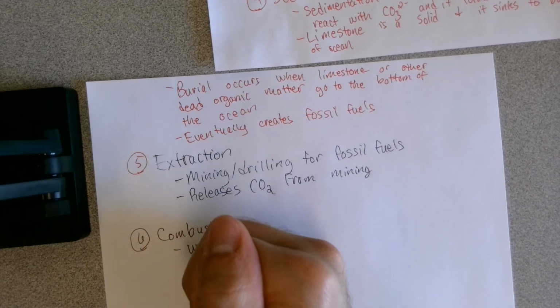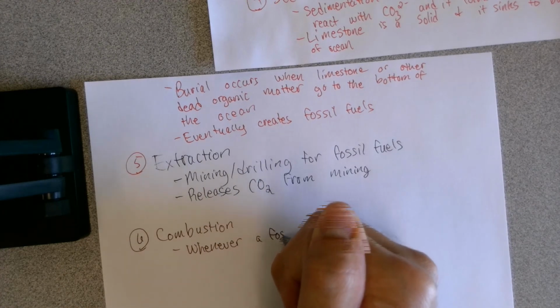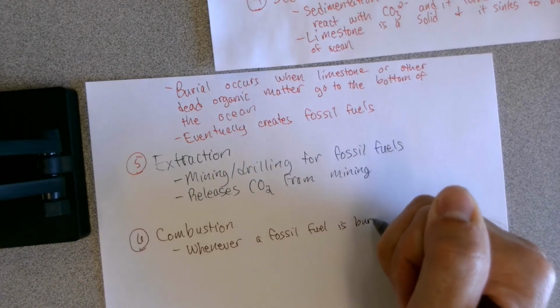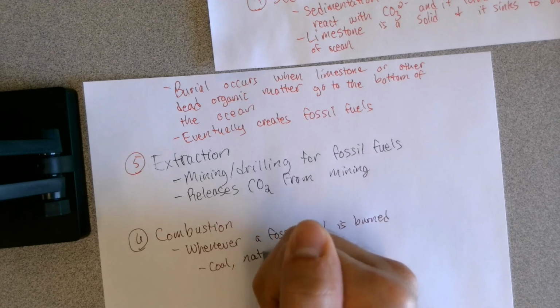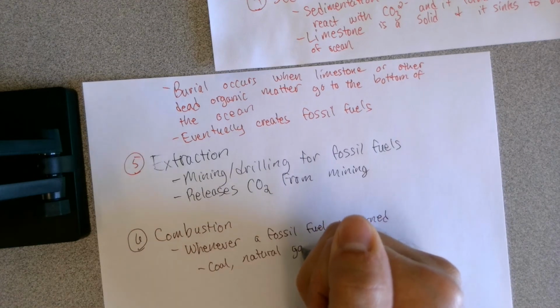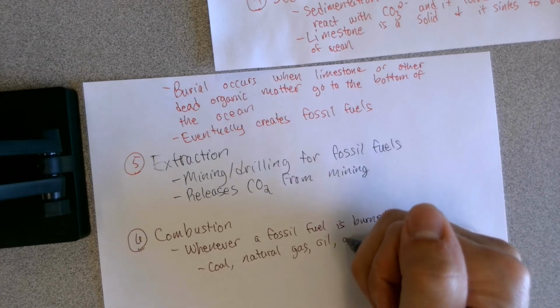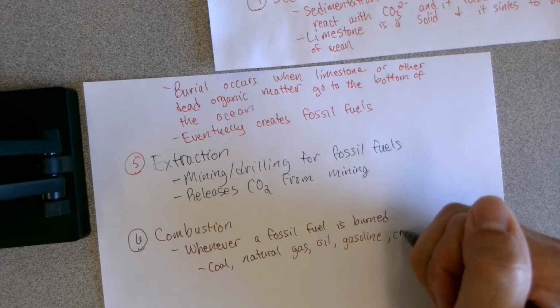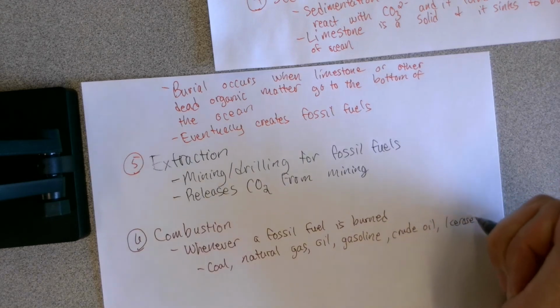Combustion is whenever a fossil fuel is burned, so coal, natural gas, oil, gasoline, like in your car, any form of crude oil, kerosene, so the list could go on and on.